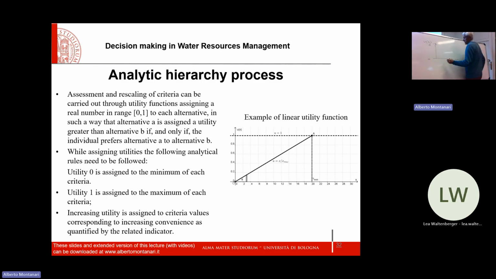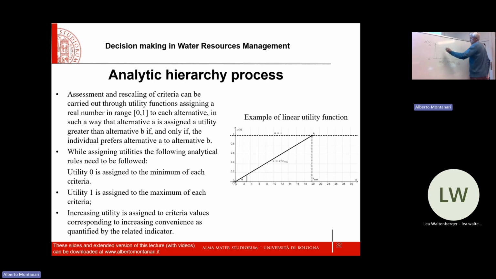Let's suppose that we have three solutions, and this is the benefit of the first solution, B1, and here you have a number. Let's suppose that this is benefit 2, and this is benefit 3. Three benefits because we have three solutions.